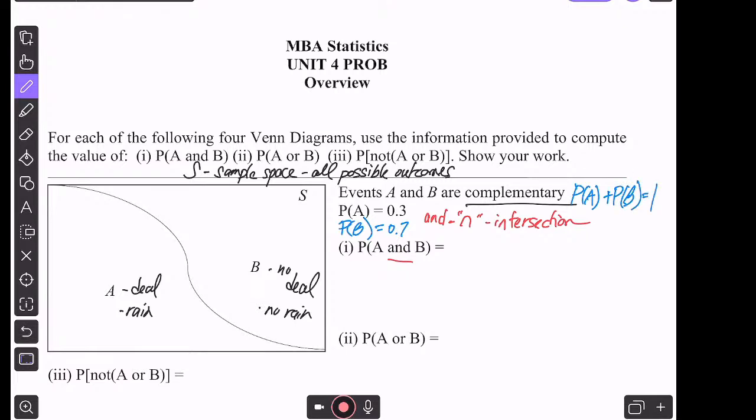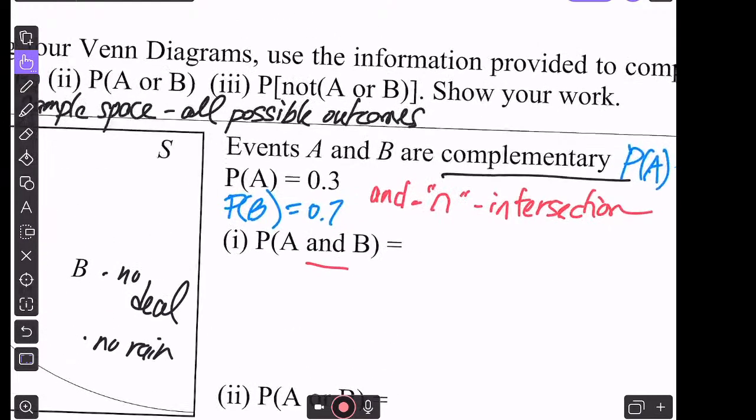Okay, so your intuition is good. To find one from the other, you just do 1 minus. So to calculate the chance of B, what you did was take the chance of A. I'll make it bigger here.